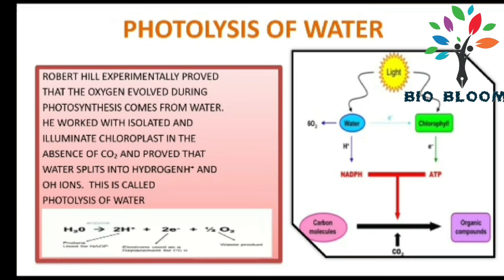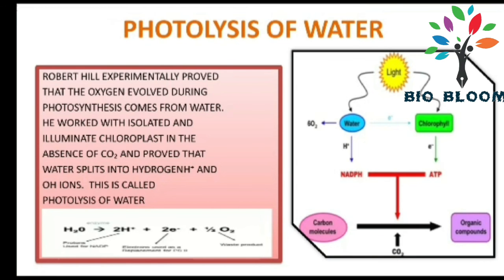The oxygen enters into the atmosphere, whereas the electron acts as a primary acceptor, whereas the proton is a reduced form which converts NADP to NADPH, the reduced form. These are used in the dark reaction.